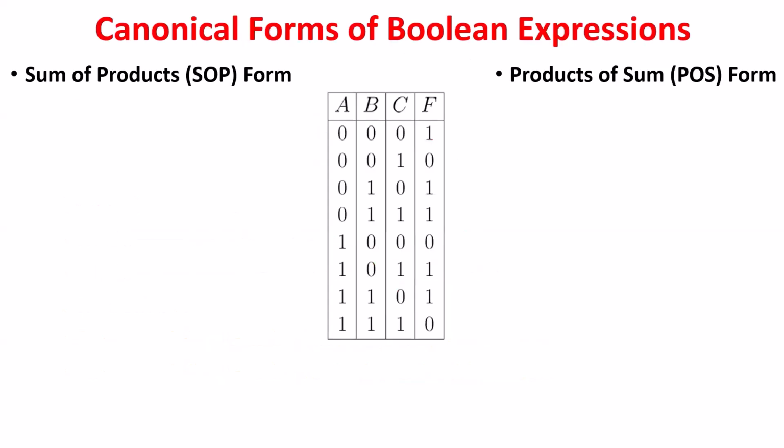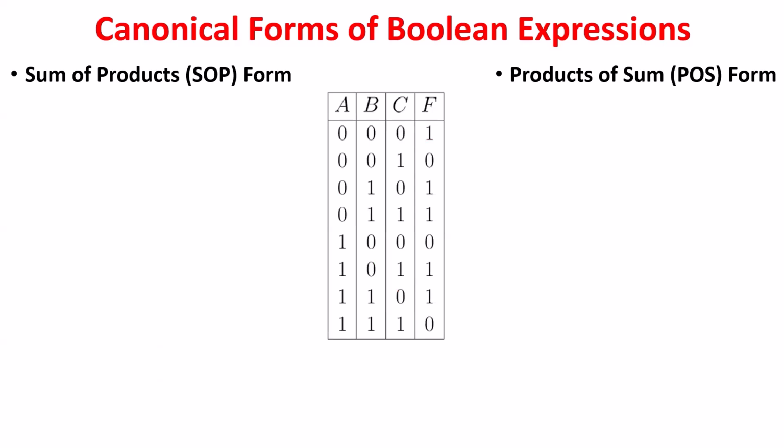Now, let's look at canonical forms of Boolean expressions. In Boolean algebra, there are two canonical forms that Boolean expressions can take. We have the sum of products, that is SOP form, and the product of sums, POS form.